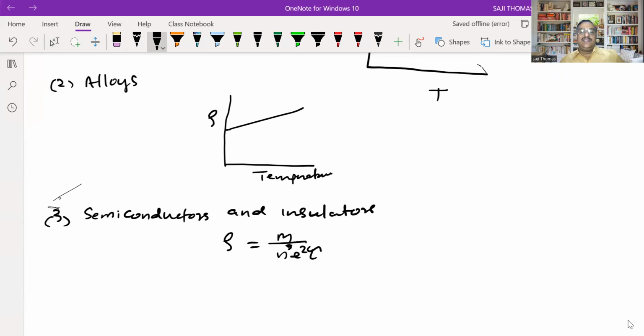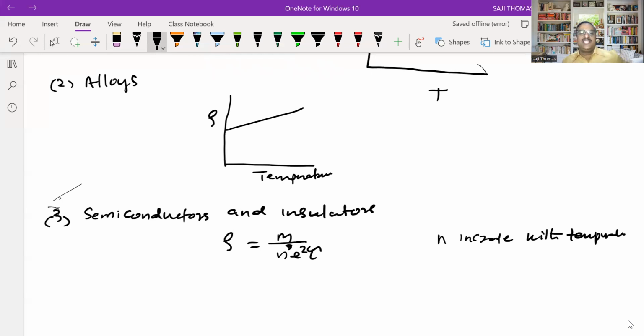For semiconductors and insulators, this n increases with the temperature. The relaxation time decreases with the temperature because electrons are gaining more kinetic energy. But here, the increase of n is very large compared to the decrease of tau. So tau has negligible effect. As a result, resistivity of semiconductors and insulators decreases with increase of temperature.